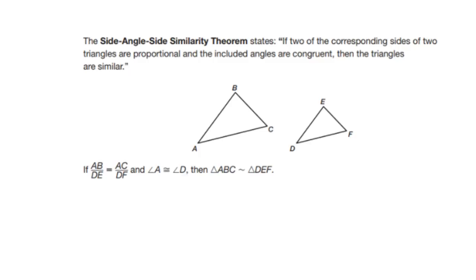If we look here, we have AB over DE. So we have those two sides, and we're saying that the proportion of AB to DE is equal to the proportion of AC to DF.